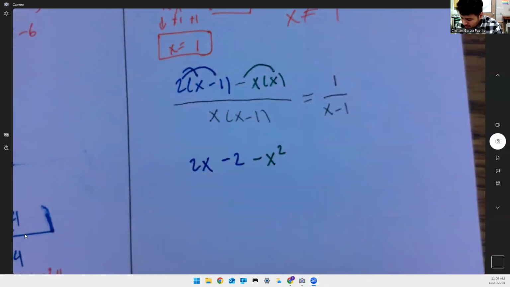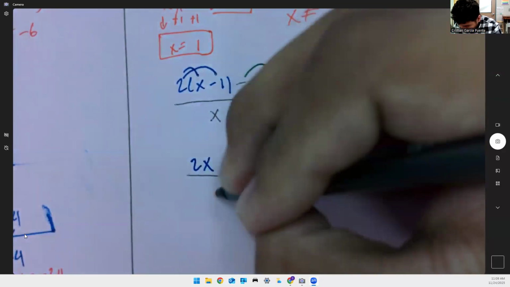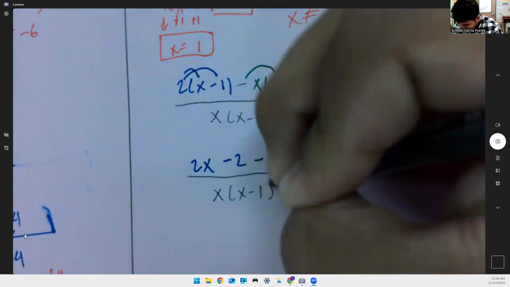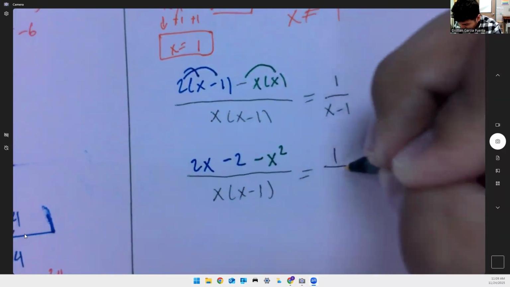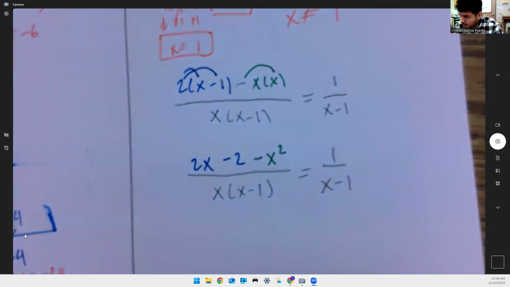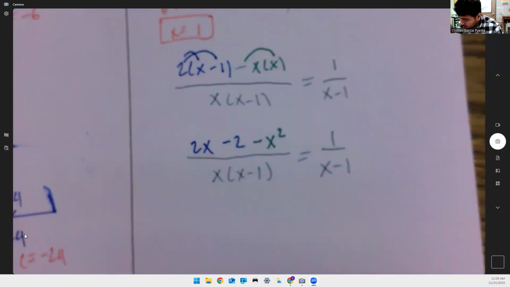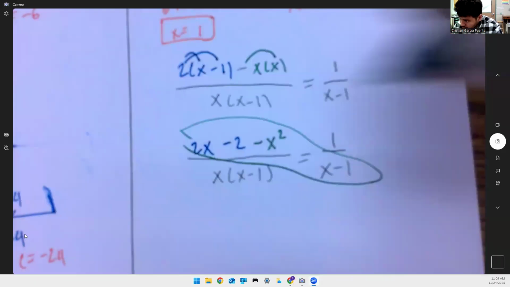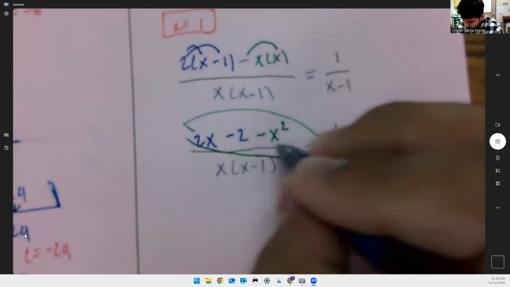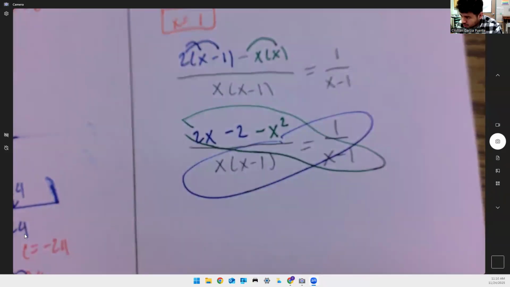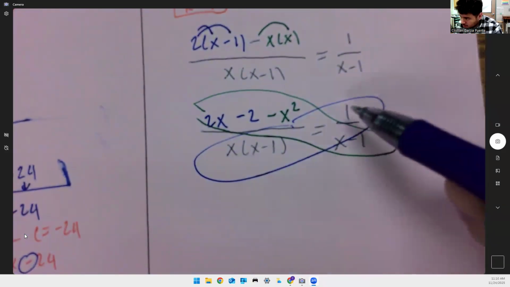And now rewrite the rest of what you have. So x minus 1 all over 1 over x minus 1. And now, again, you're going to cross multiply. So you have this circle and that circle. What do I have circled in my blue circle?